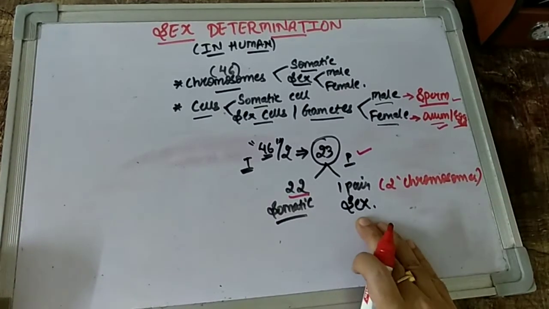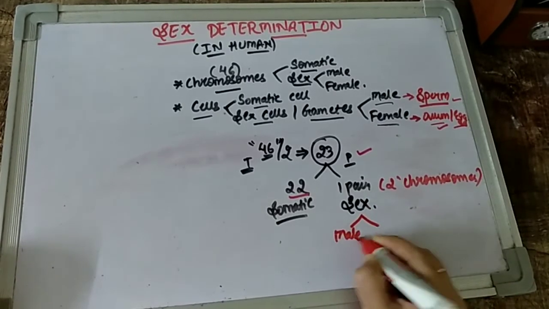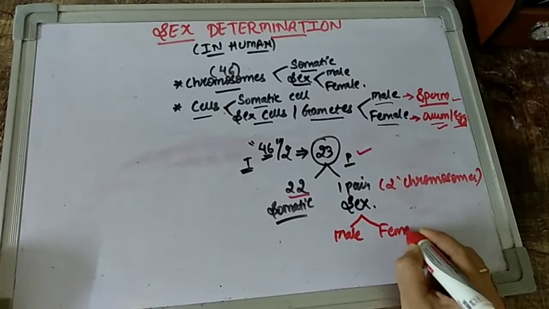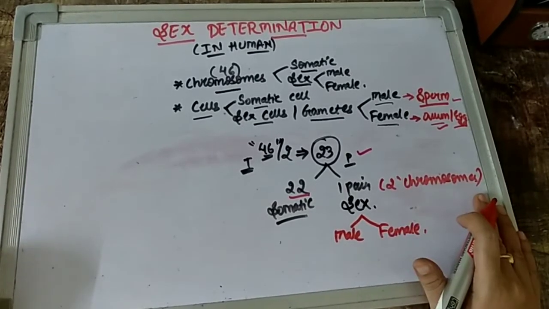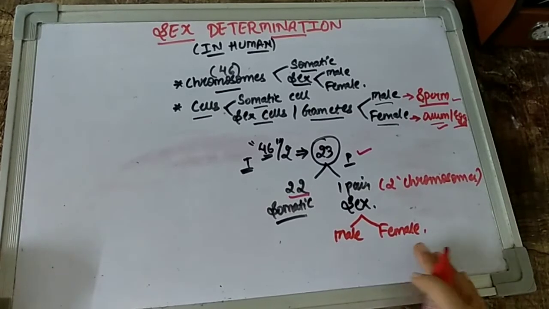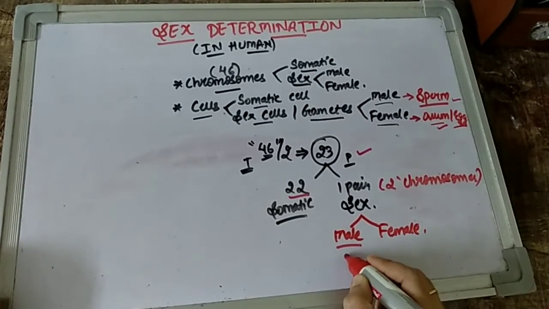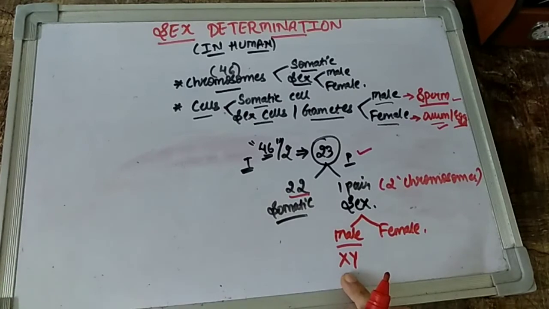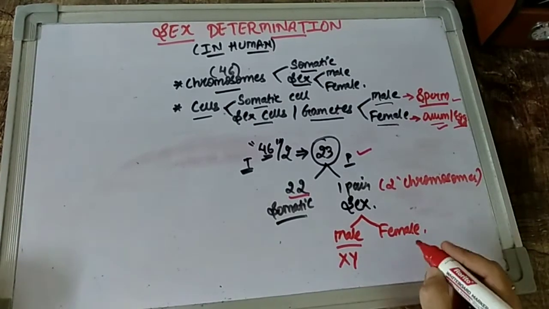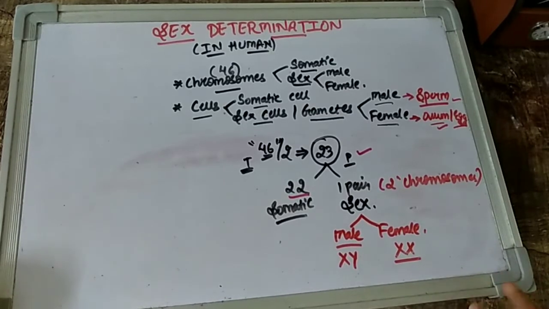Now this one pair of sex chromosomes, children, will vary in the case of male and in the case of female. In the case of male, there are 2 different chromosomes, and in the case of female, there are different chromosomes. So in the case of male, children, the condition of sex chromosomes is X and Y. One chromosome is X in nature, one is Y. But when we talk about female, children, the condition of the chromosomes is XX.